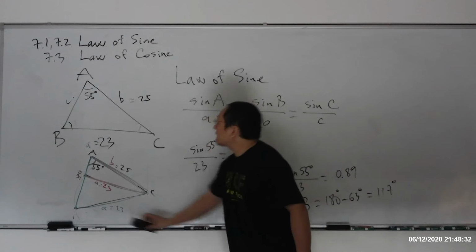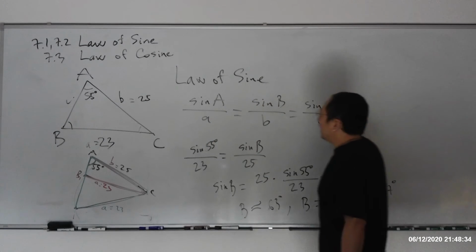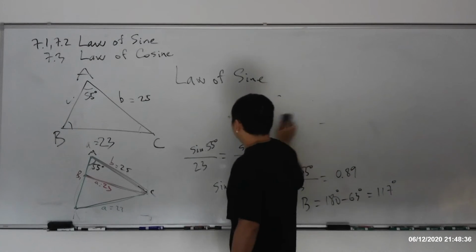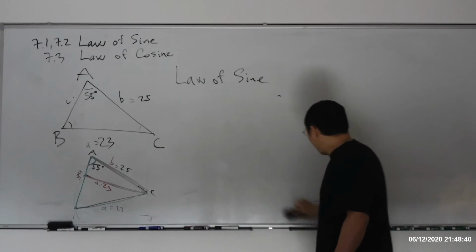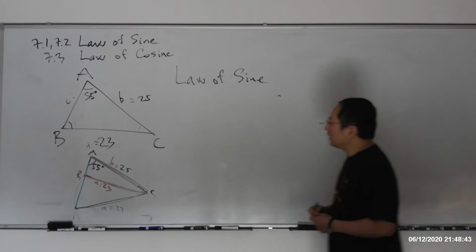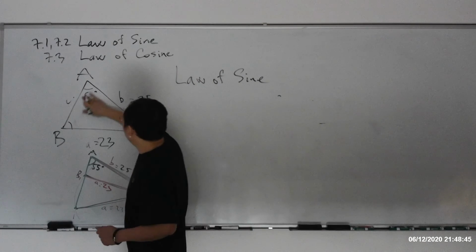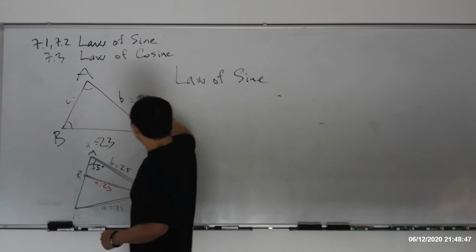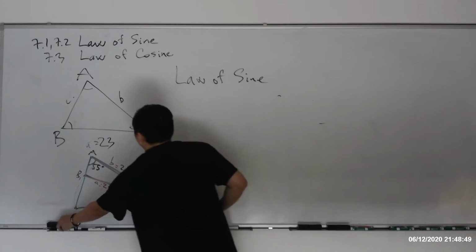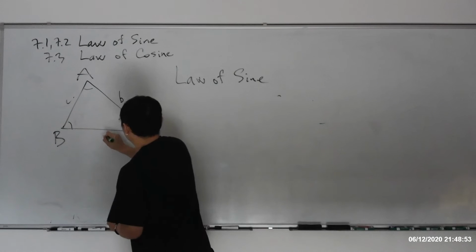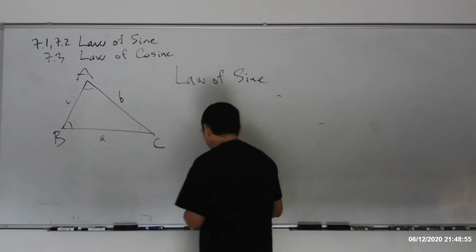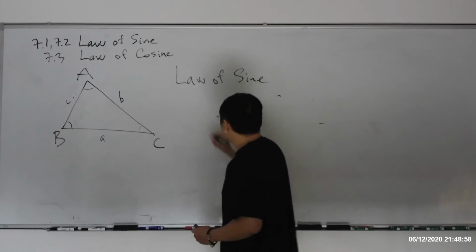Okay. Last thing about the law of sine, you can calculate the area of a triangle if you know two lengths and the angle in between. Say if I know the angle A and I know the sides B and C, then I can calculate the area.